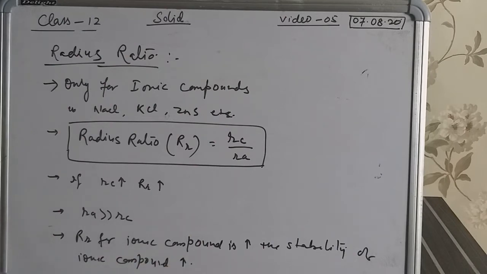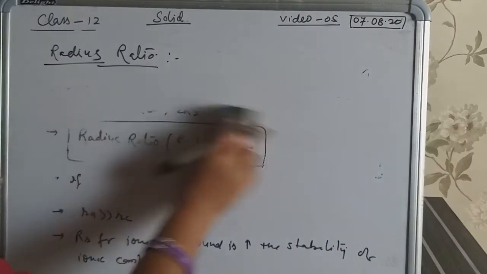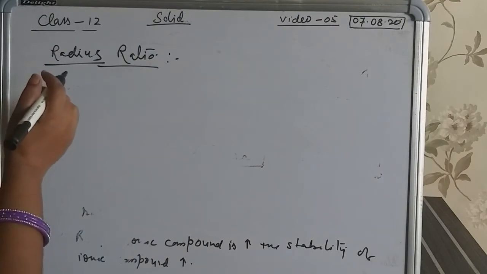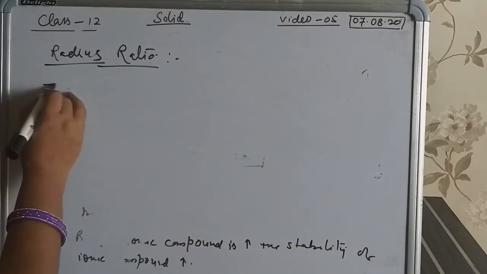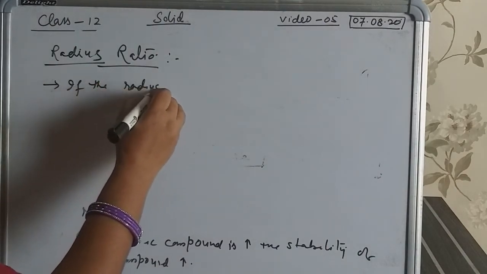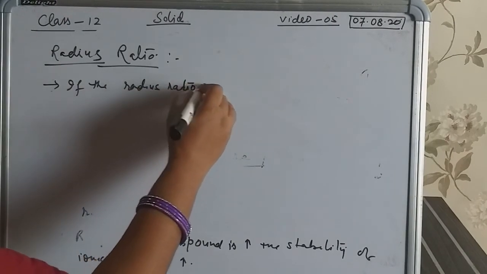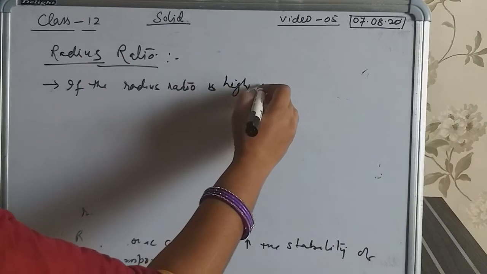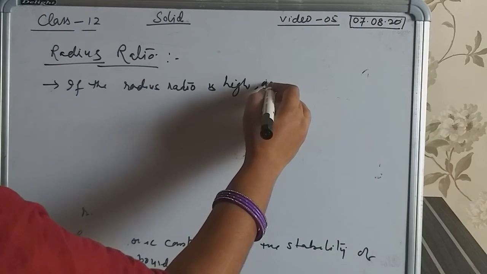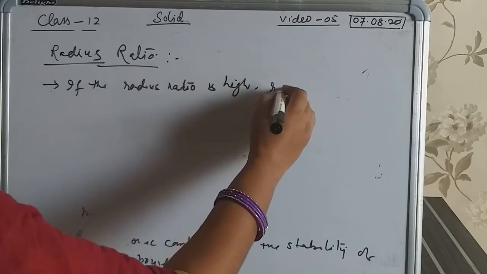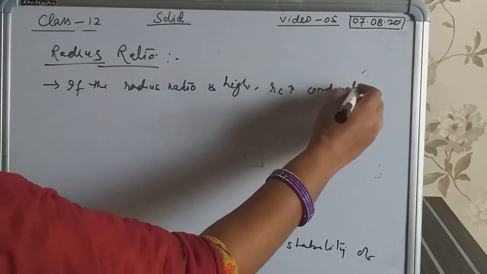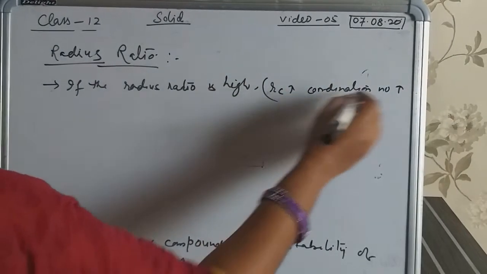So these are a few points. One more point, note it down. Number 6, if the radius ratio of cation is high, then the coordination number is also high.